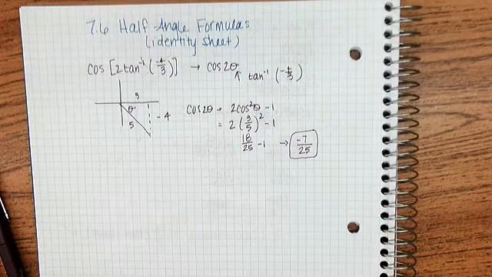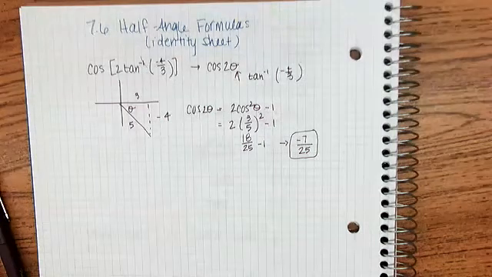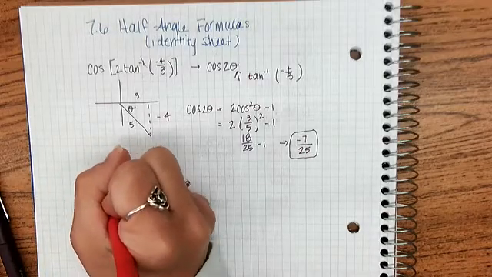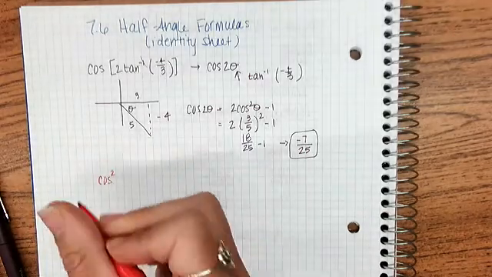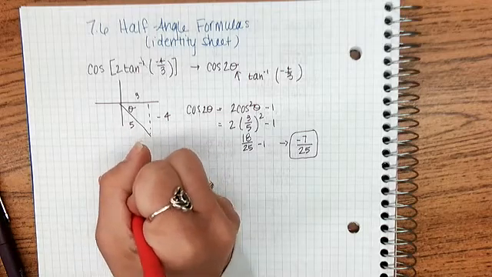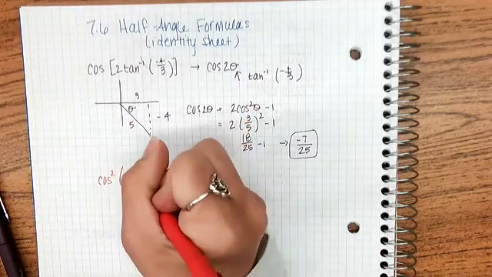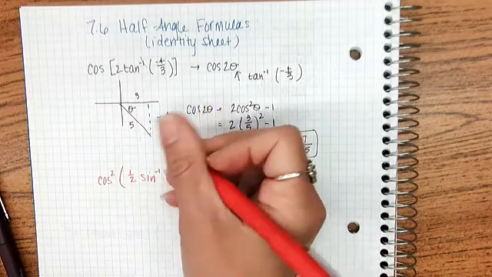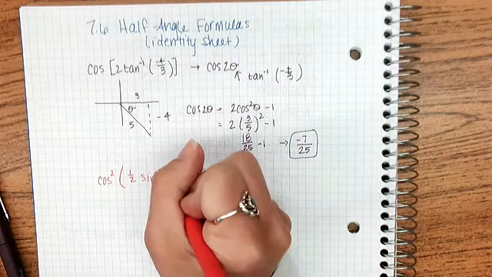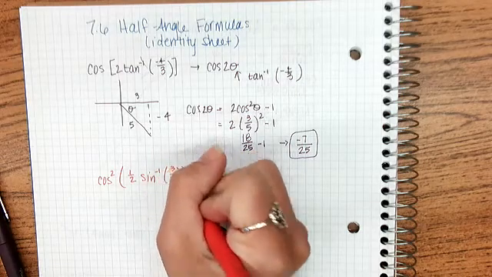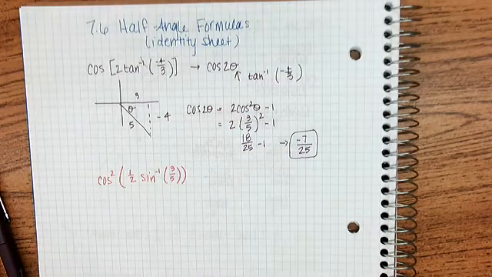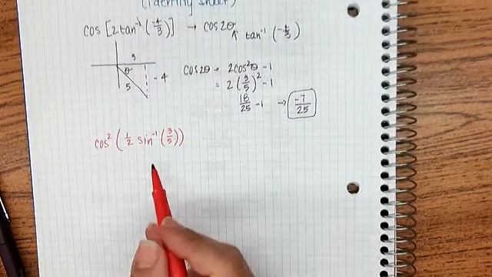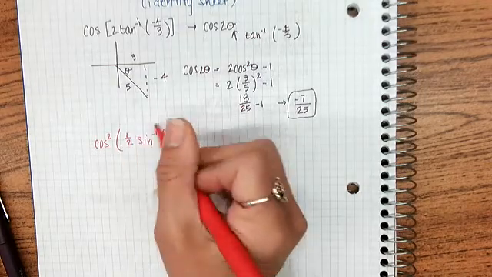Let's do a half angle. Okay, let's do the cosine squared of 1/2 times the inverse sine of 3/5. I love it. 3, 4, 5. So this is some angle.